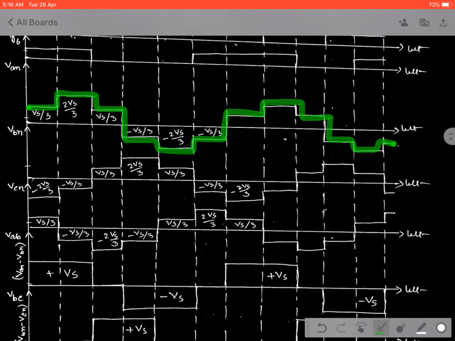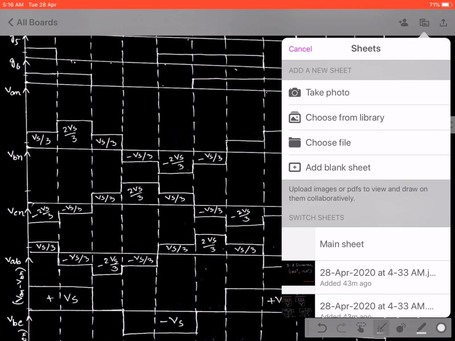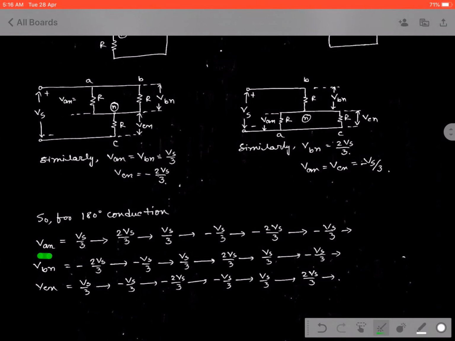Similarly, now consider the next part, that is VBN. Again, go through that pattern. It has started from minus Vs by 3, then minus 2 Vs by 3 in the first mode operation, then minus Vs by 3, then Vs by 3, and then 2 Vs by 3. It will be continued for the next two modes of operation, obviously.